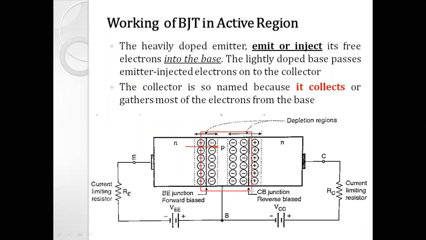So because of that, whatever electrons come into the base region from the emitter region would diffuse to the collector region. The task of the collector region is to gather most of the electrons from the base region.